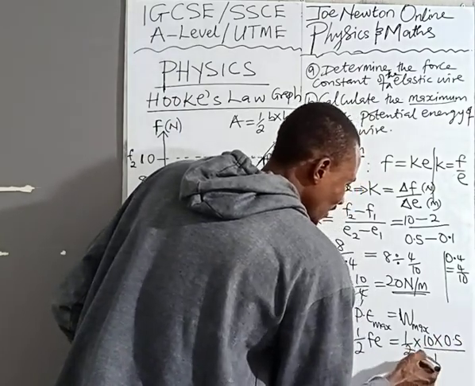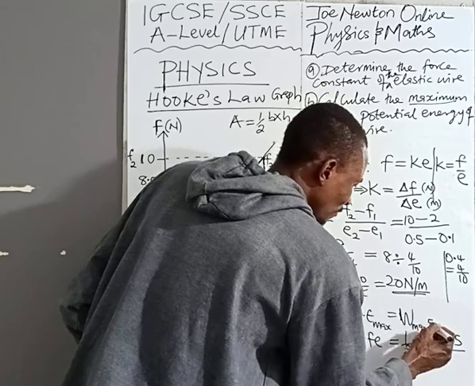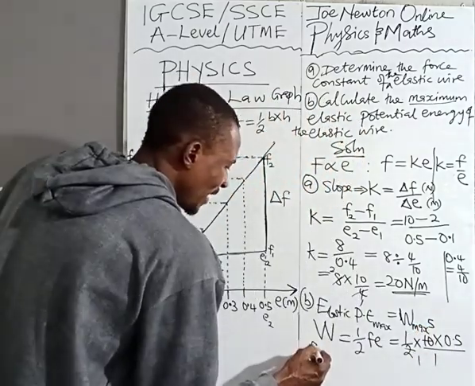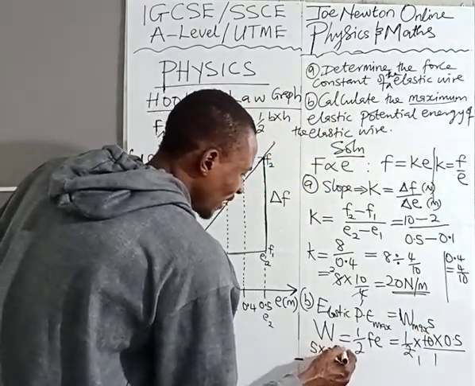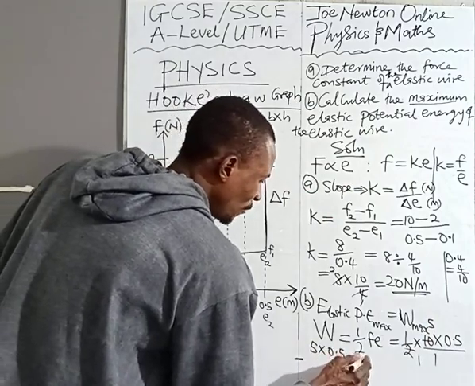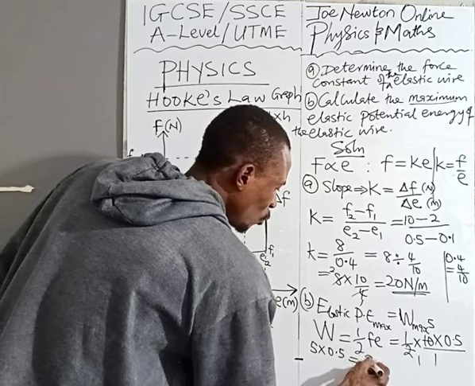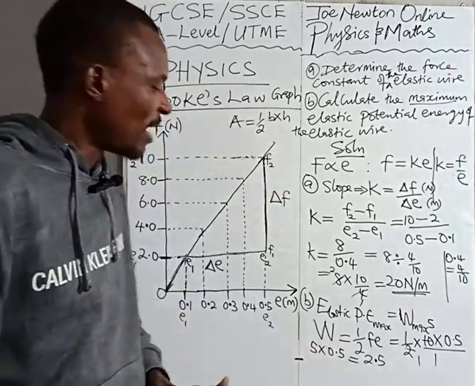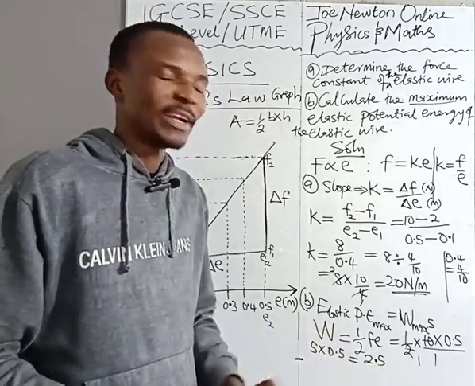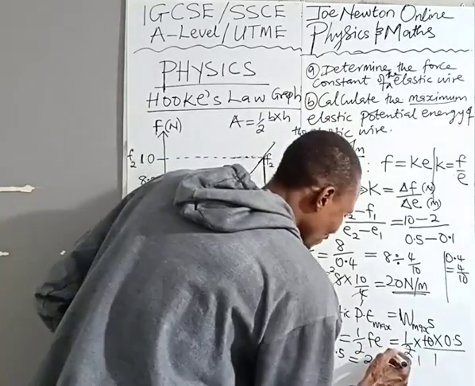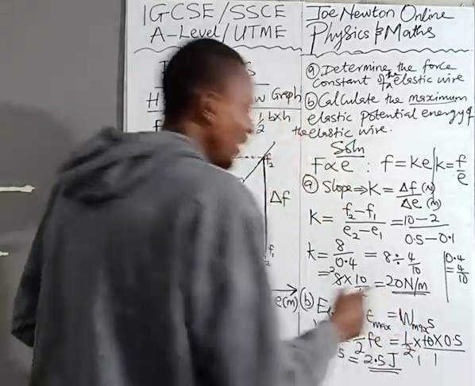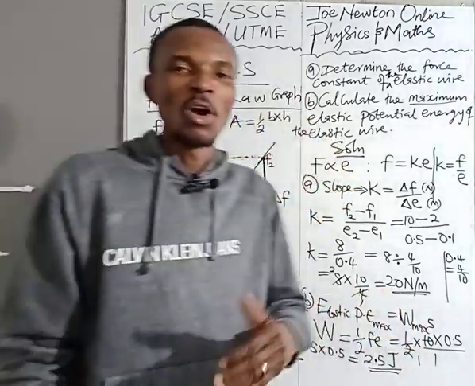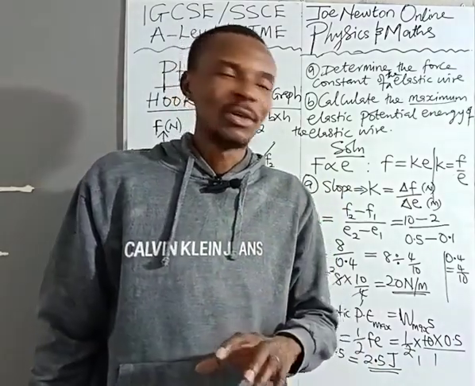We have 2 divided into 10 is what? 5. Then when you have 5 times 0.5, that will give you 2.5, because 5 times 5 is 25, but this is 0.5, therefore you put 1 decimal place. You have 2.5 joules. Remember, the unit of work done or energy is joules.